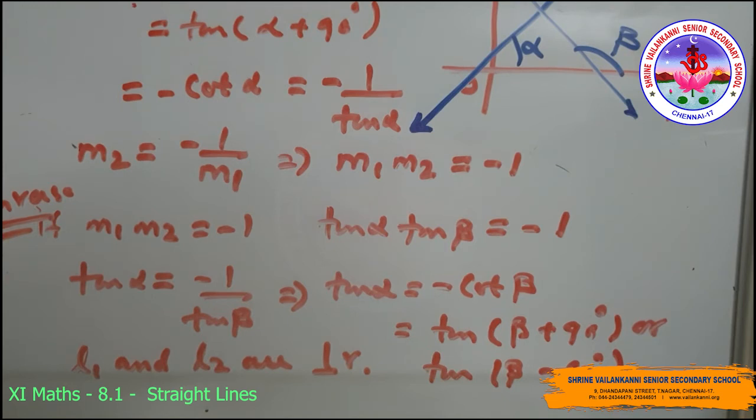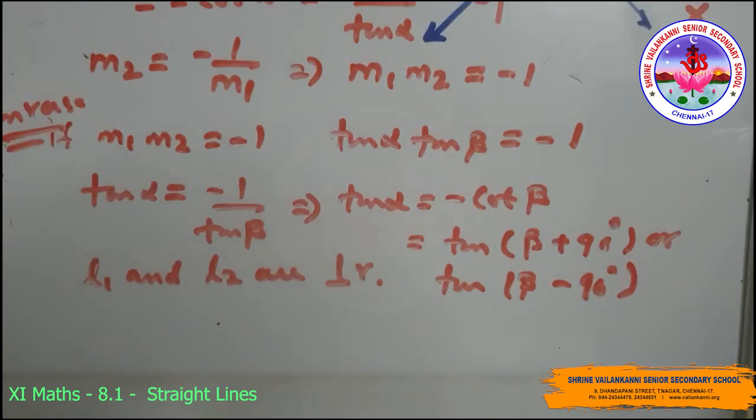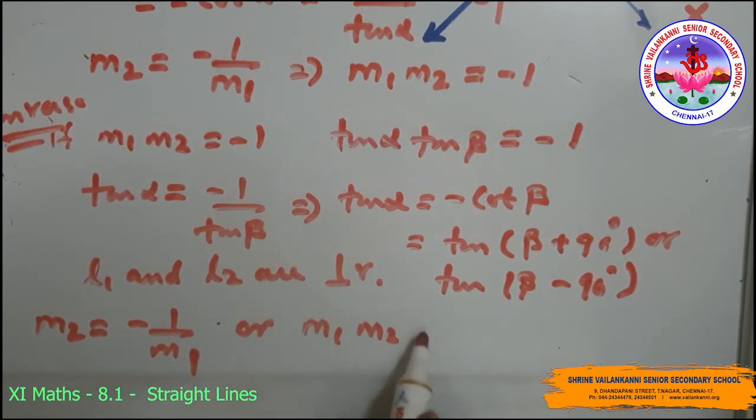Hence, two non-vertical lines are perpendicular to each other if and only if the slopes are negative reciprocals of each other. That is, m2 equal to minus 1 by m1, or m1 m2 equal to minus 1.